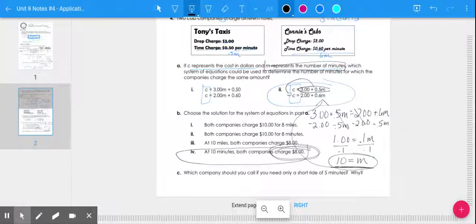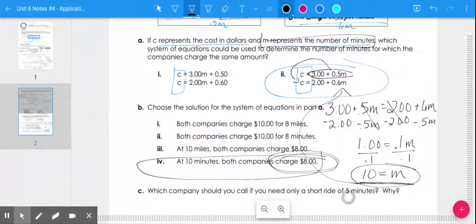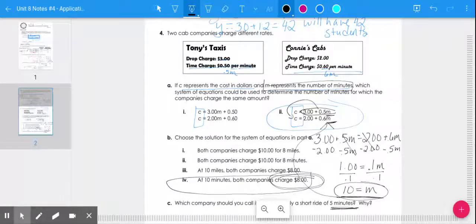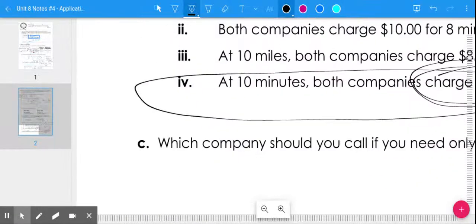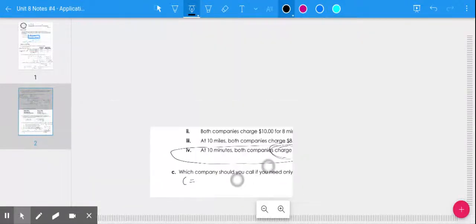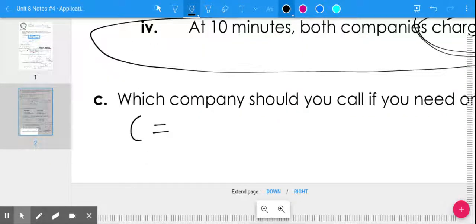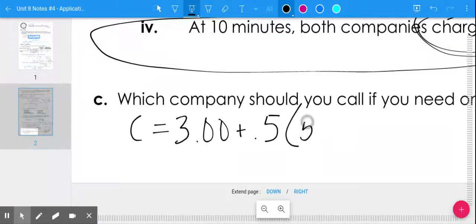All right, looking at part C, it says, which company should you call if you only need a short ride for 5 minutes? Okay, so we're going to take that 5 and plug it in for my M's just to see which one's cheaper. For that first equation, for Tony's Taxi, I'll have C is equal to, how much did he charge? $3 plus 0.5 per minute, but we know the minutes are 5 now.